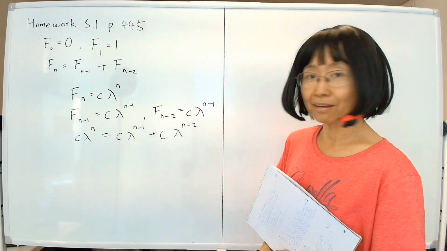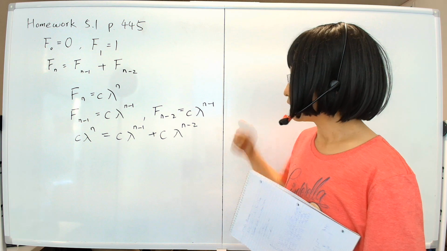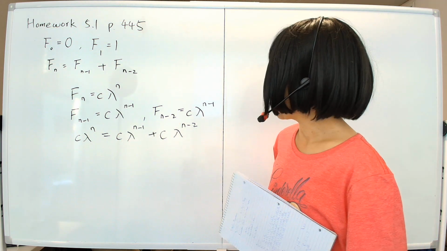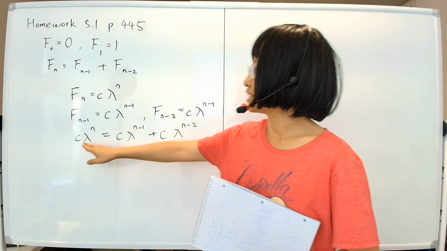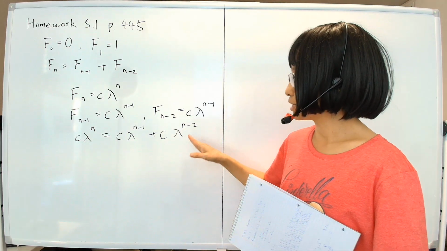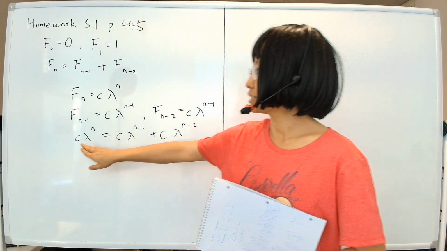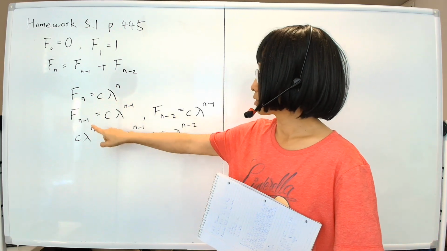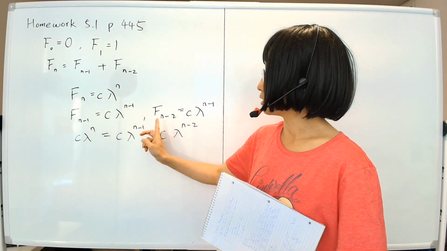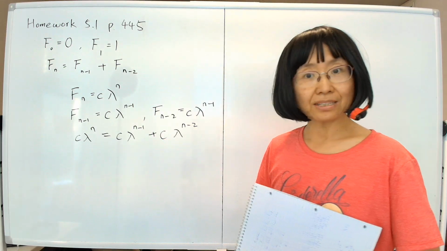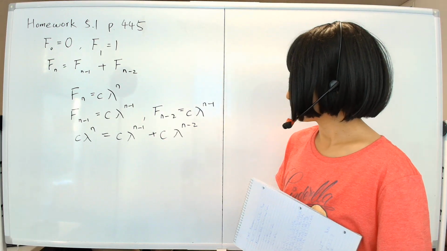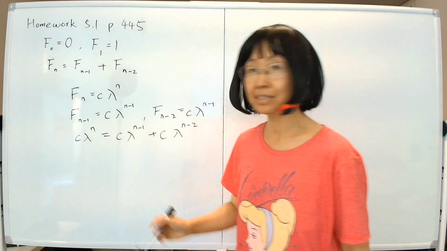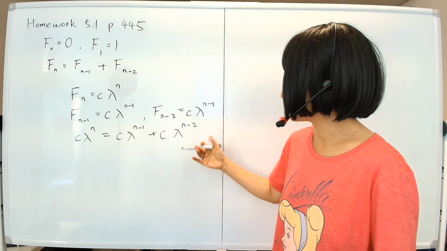Not me. I haven't seen any inspiration. It's just something that somebody came up with, to see if it works, I guess. I don't know, but that's what we're going to do. Now, if we can come up with a lambda such that this equation holds, then this particular formula will satisfy this condition. So let's figure out if there's any lambda where this holds.